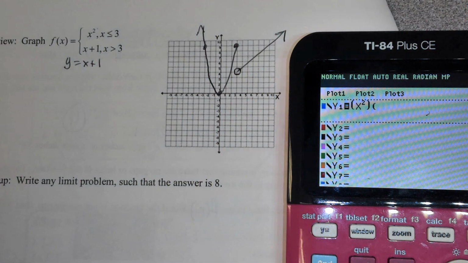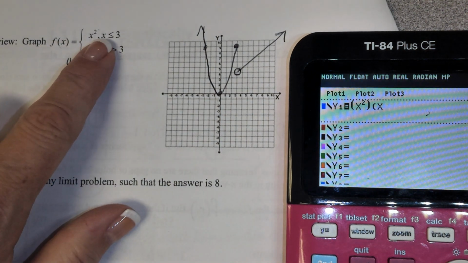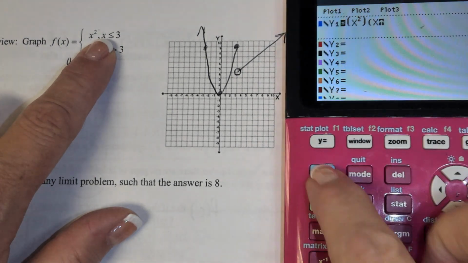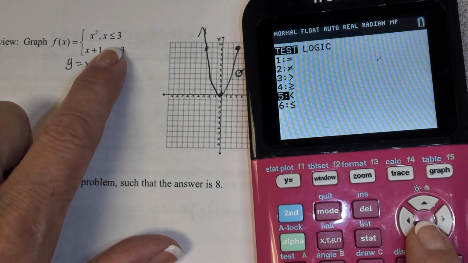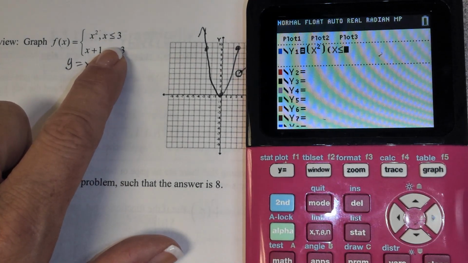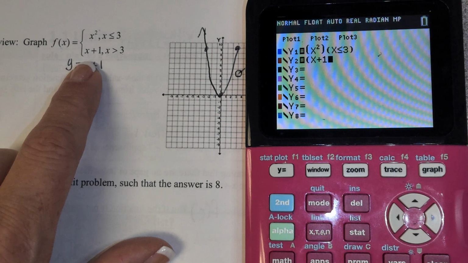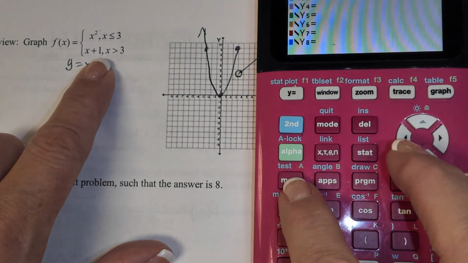All right, so back to here. So what I have to do then is I have to say graph x, and then I have to go under test. Test is right here, so I go second math to get to test. And I can tell the calculator to only graph this when x is less than or equal to 3. Then I go down here and I put in x plus 1, but I tell it in parentheses, only graph this when x is, go under test.